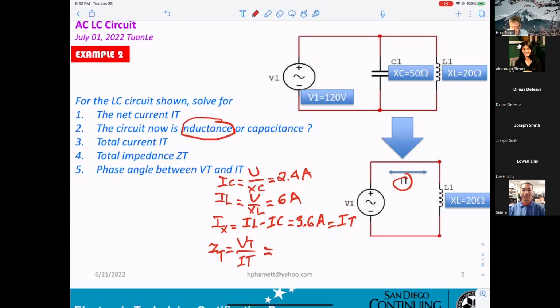What do you get? 33.33 ohms. Can you say again for me, please? The total impedance is 33.33 ohms, or 100 divided by 3 ohms. So make sure everyone gets the same.